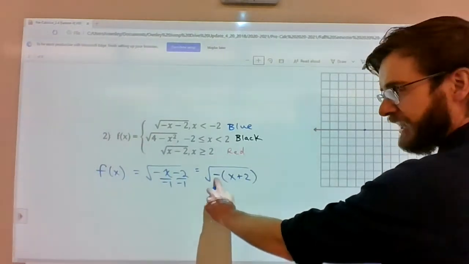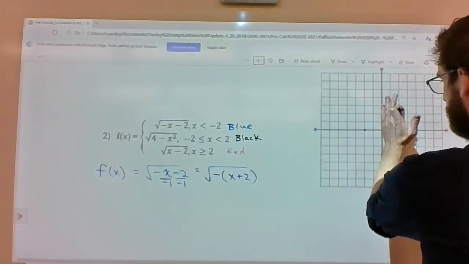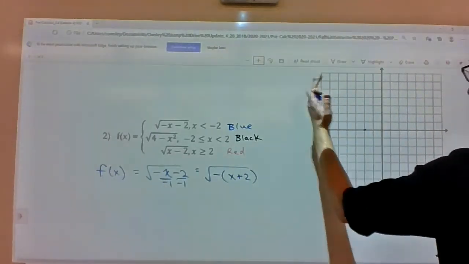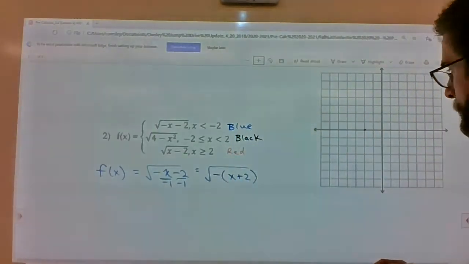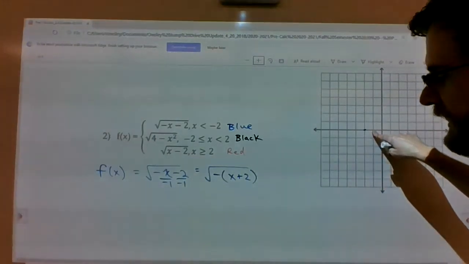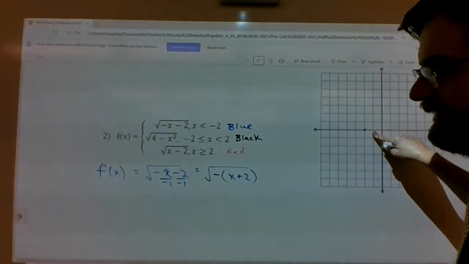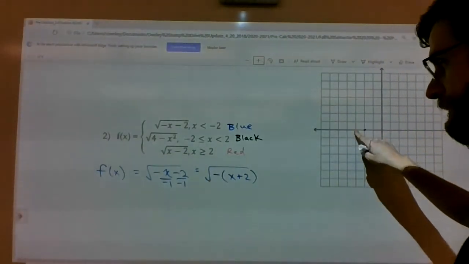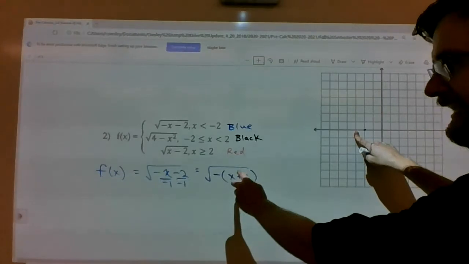And the negative inside the root means it's not shifted, but reflected horizontally. So it's going to go this way now. So when I plot my first couple points, negative 1 would not be appropriate because negative 1 would create a negative inside the root. I got to plug in negative 3. Negative 3 plus 2 is negative 1.